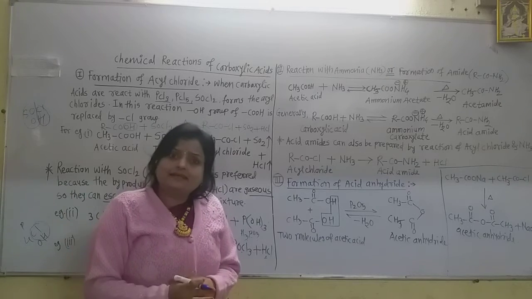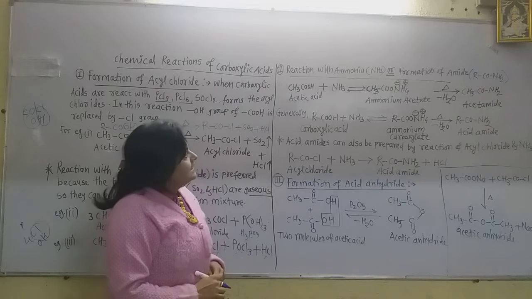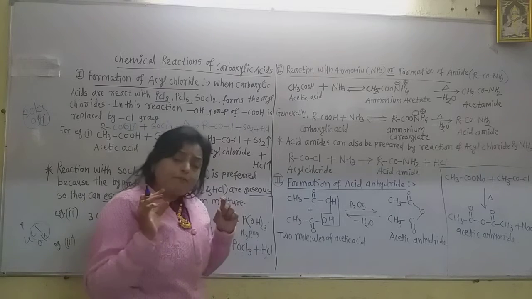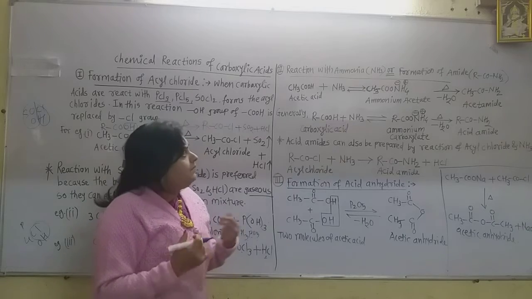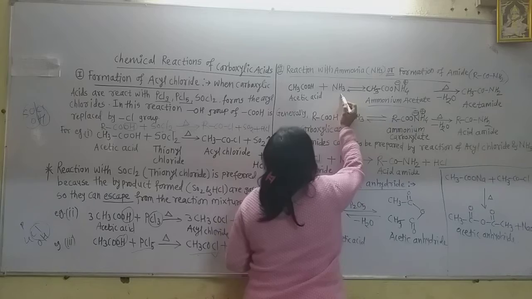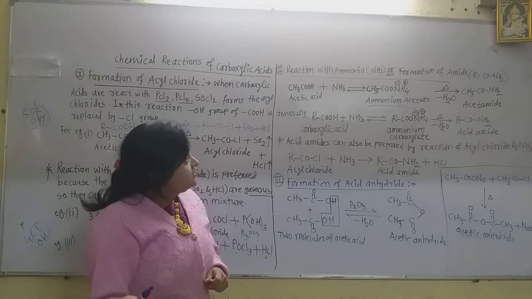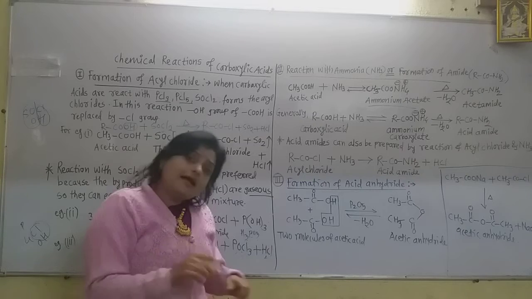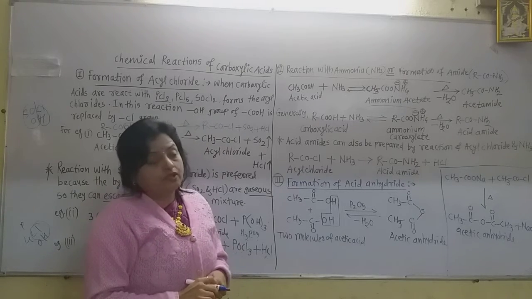Now I take here the example of acetic acid. When this acetic acid reacts with ammonia, first a reversible procedure occurs. That means ammonium acetate is formed. The ammonia gets added completely into the acid. But this ammonium acetate again gives acetic acid and ammonia.